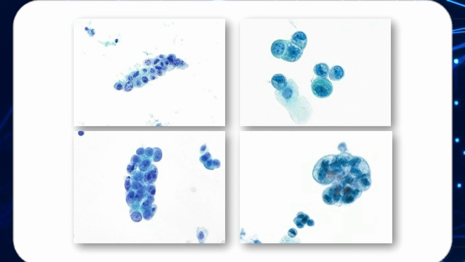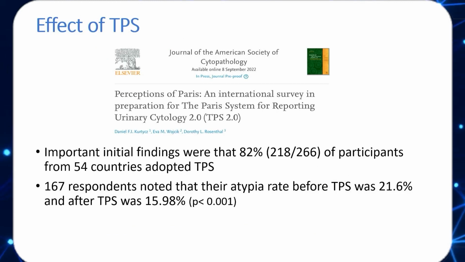Chromatin is still more on the coarser side, but again, it's not intensely coarse, and the atypia is somewhat mild to moderate, ranging from more milder elements noted here to a little bit more profound here, and this could be considered as moderate. So for the ones who really are going to use this term, use it judiciously, and these should be a benchmark for you to use for an atypical call.